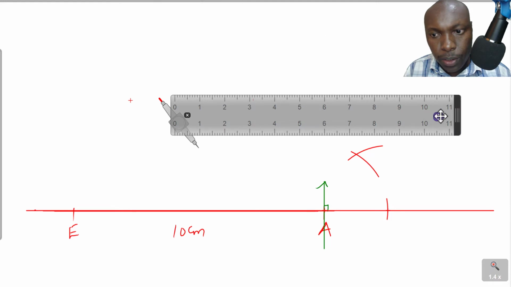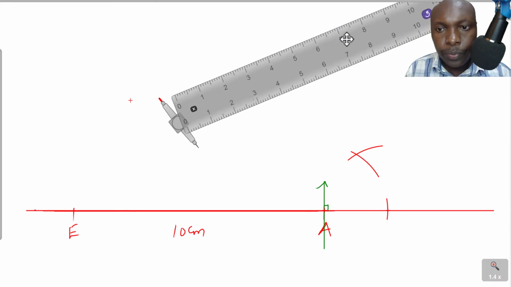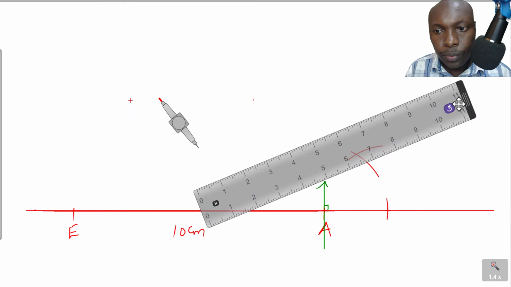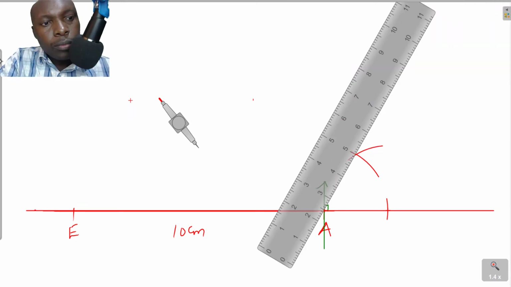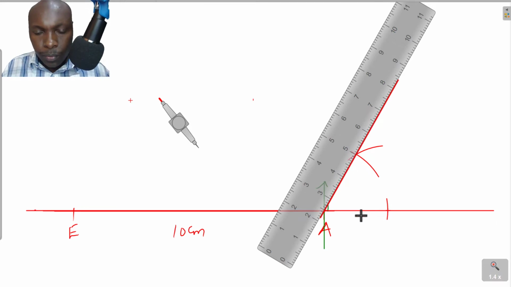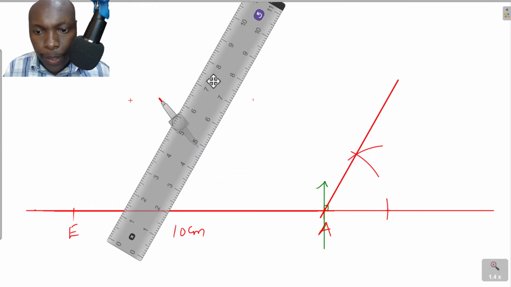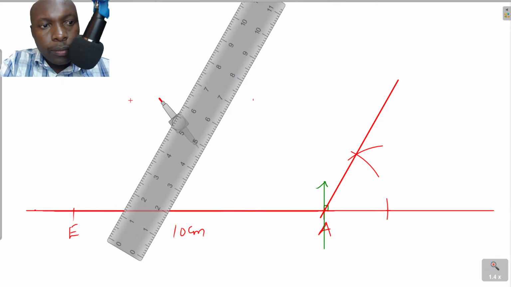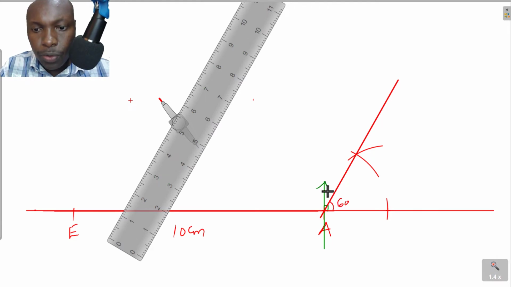So by constructing 60, because this one is 60 degrees, you'll be able to remain with 30 here.